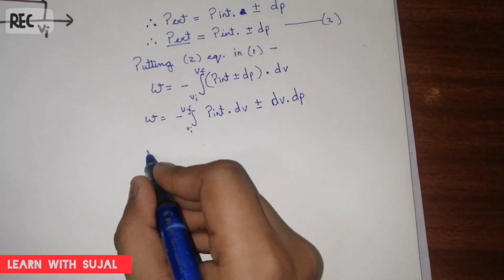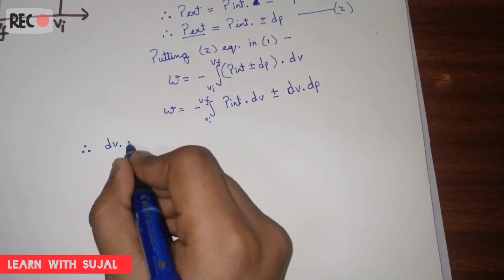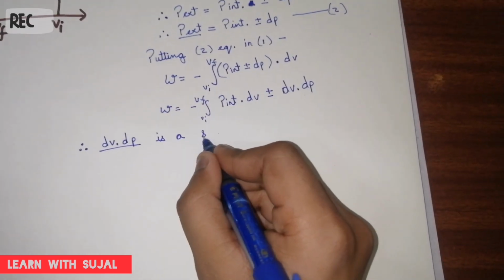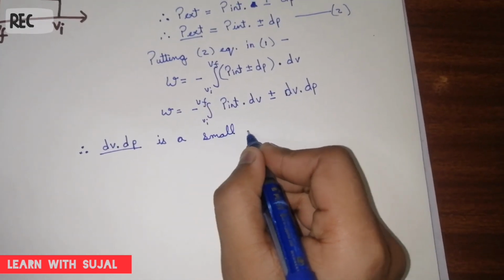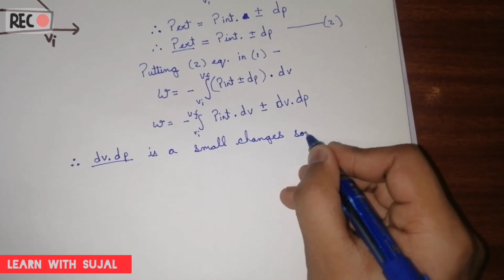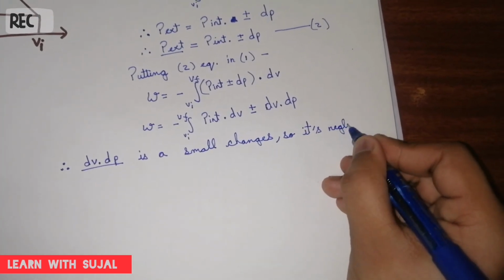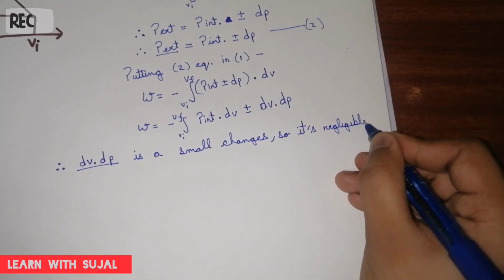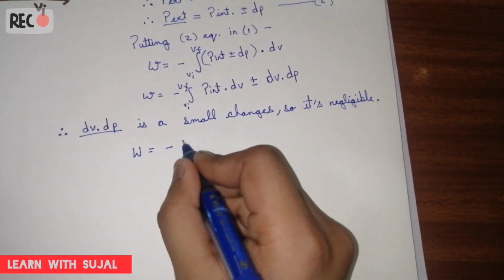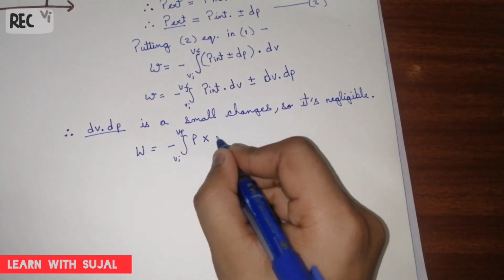Where dV and dP are small changes, so it is negligible. Okay, so we got this equation again: integral Vi to Vf of pressure into dV.